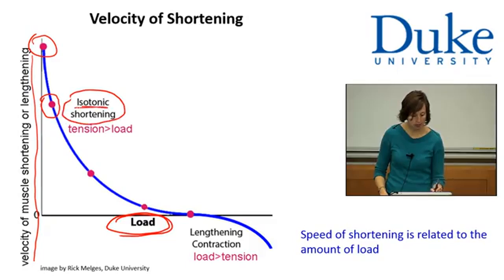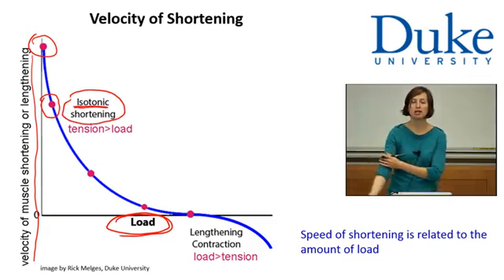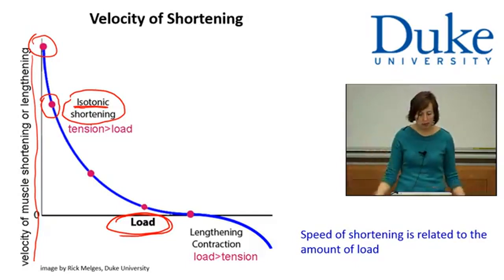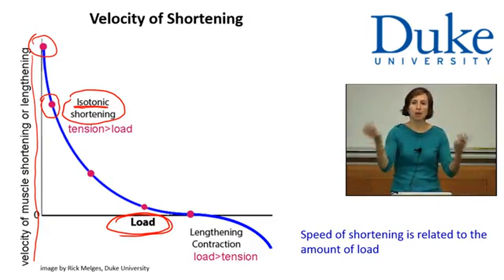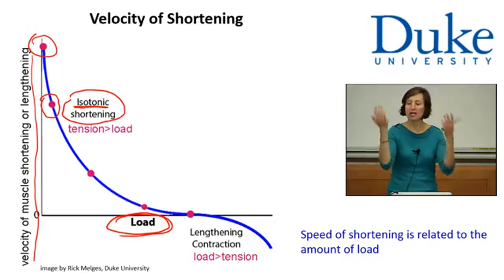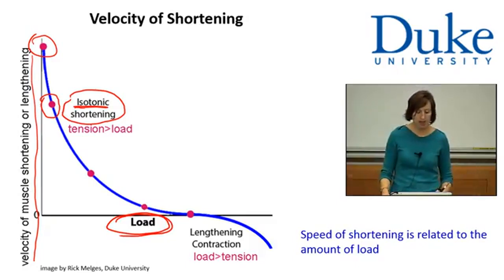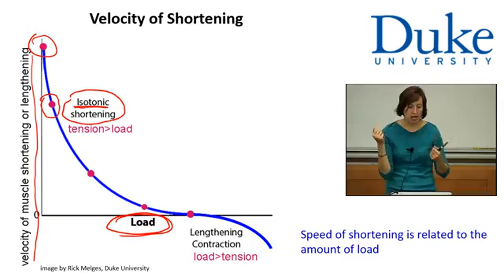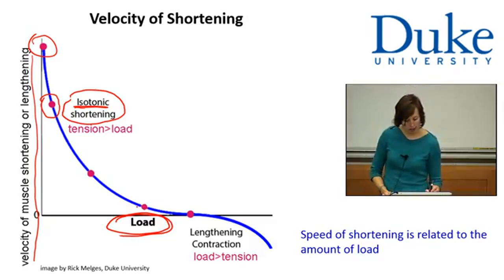Isotonic meaning keeping the same tone, the same amount of tension, and since it's greater than the load, then the muscle is shortening. So we're able to do that with these small loads because we can easily form more tension than the load. However, as we keep lifting heavier and heavier things, that's when the velocity greatly reduces.